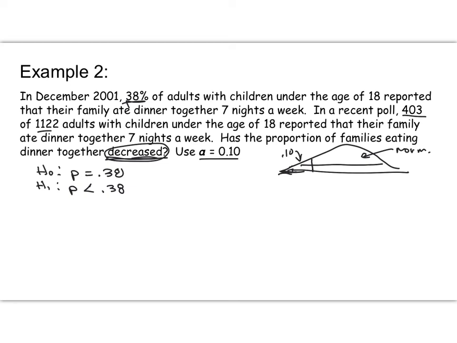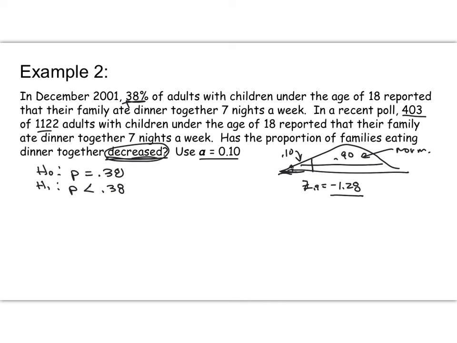And our z-score, we would find that by doing inverse norm of 0.1, that z-score is negative 1.28. So all the proportions less than that are 10%, and all the proportions greater than that are 90%.